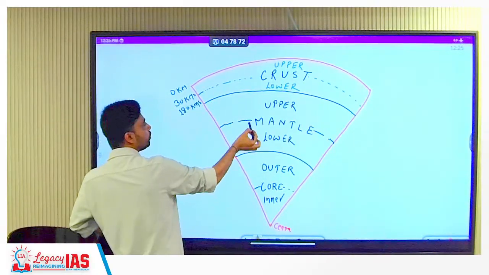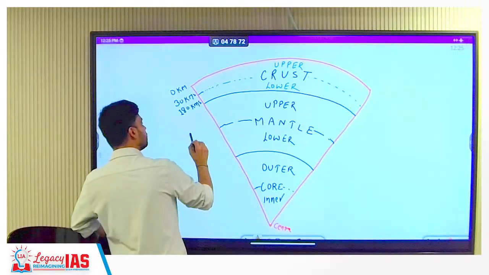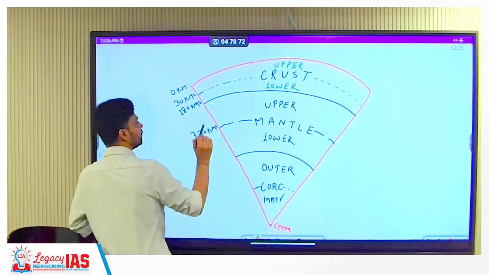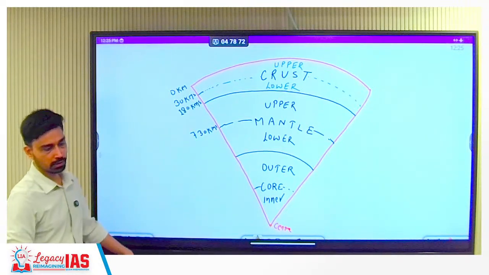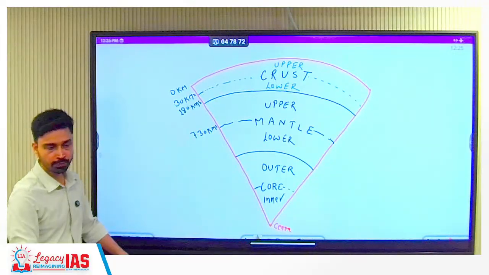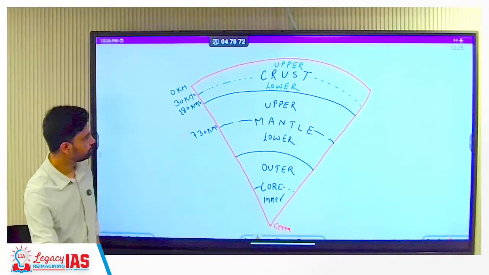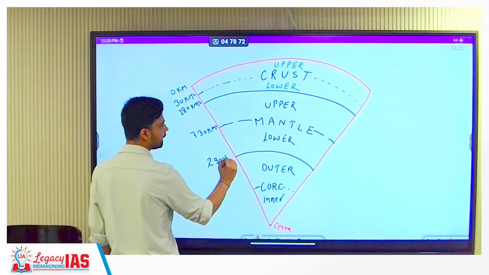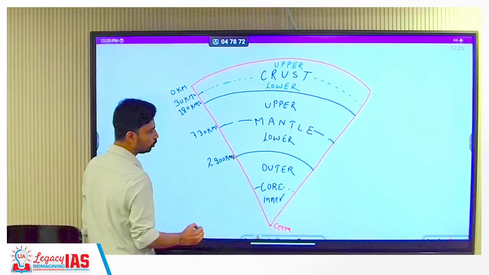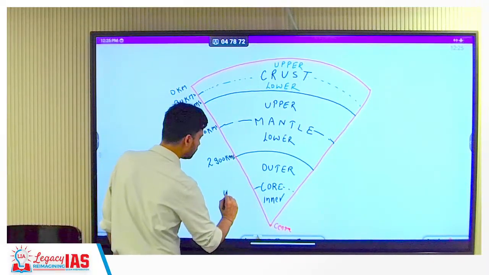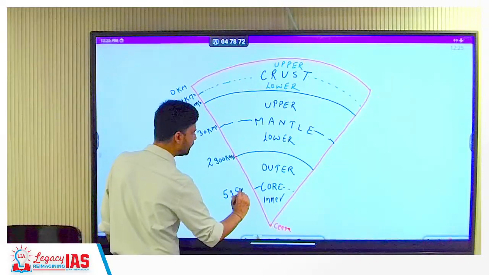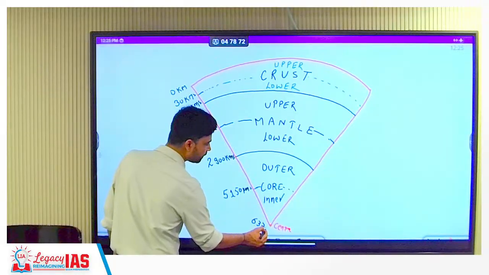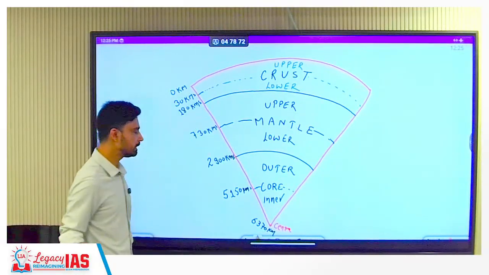After that, which layer do you enter? Upper mantle. So upper mantle extends roughly up to a depth of 730 kilometers. Up to 730 kilometers is the upper mantle. Then at a depth of 2900 kilometers is the lower mantle. 5150 kilometers is outer core, and 6370 kilometers is the center of Earth.